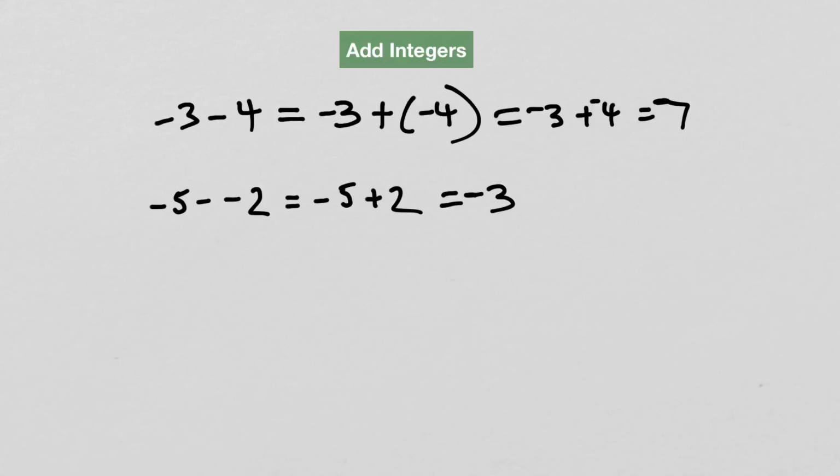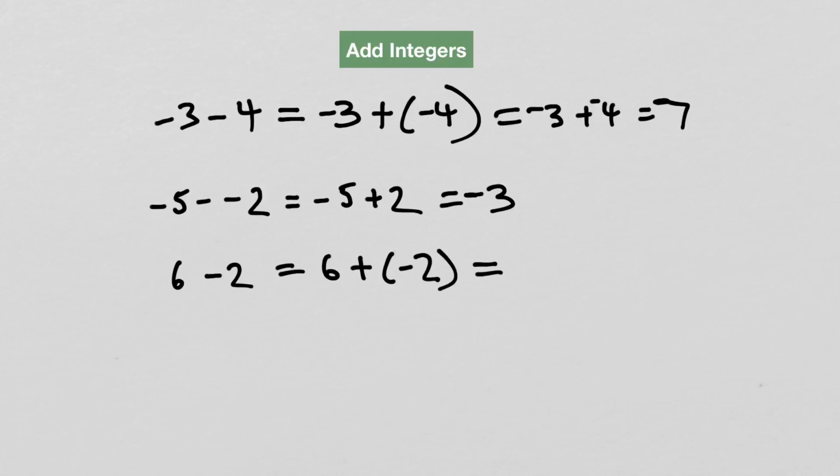Okay, so why does this work? Let's think of another example that you're familiar with. 6 minus 2, okay? Very easy, right? In your mind, you know that the answer is 4. However, we can rewrite this and say this is the same as 6 plus negative 2, right? It's the same thing as adding a negative.